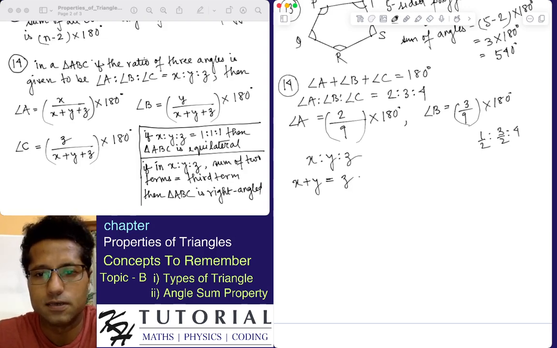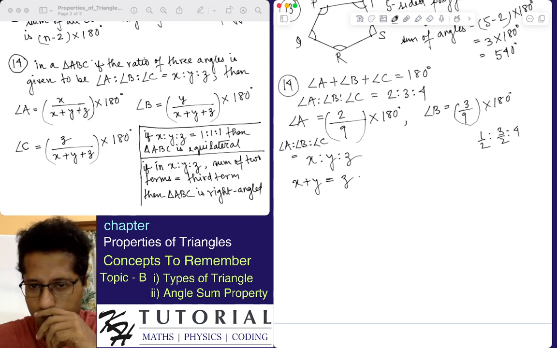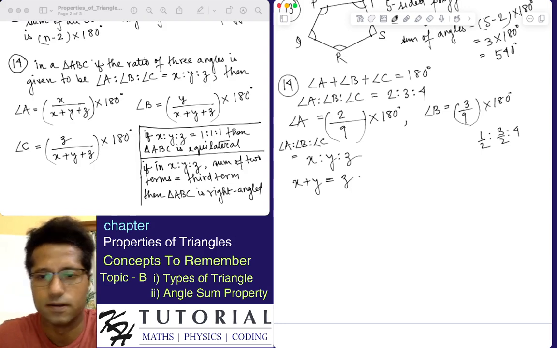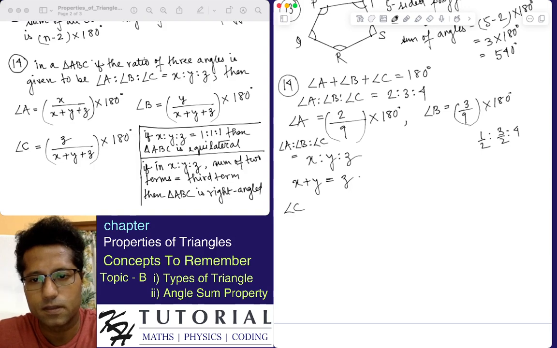let's say the ratio of the angles is angle A is to angle B is to angle C is x is to y is to z, in the simplest form with all terms integers, and we have x plus y equals z. Now see, what is angle C?